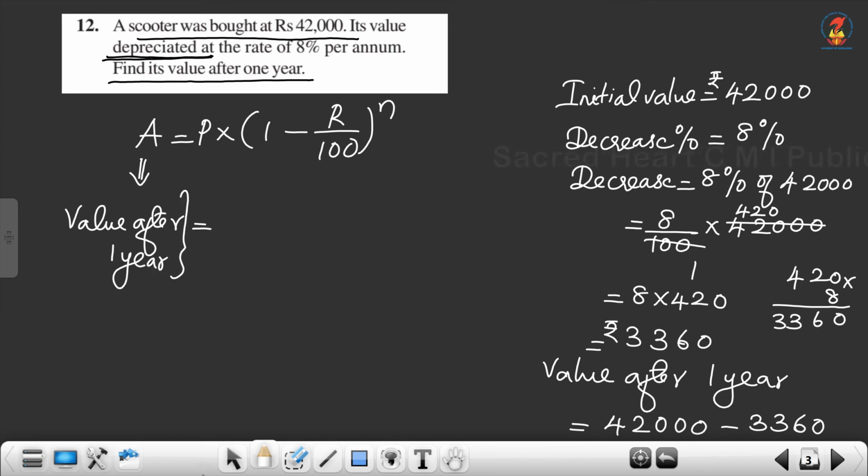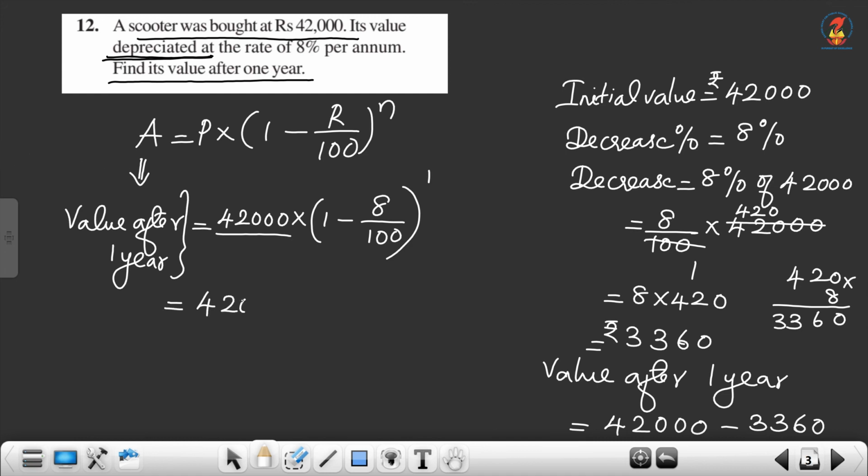So A stands for the value after 1 year, which is equal to, P means the initial value, that is 42,000. So 42,000 into 1 minus R is 8%, that is 8 by 100 whole raised to 1. After 1 year, so the value of n is equal to 1. So P equal to 42,000, R equal to 8 and n is equal to 1.